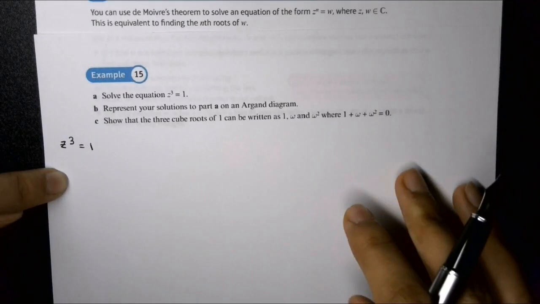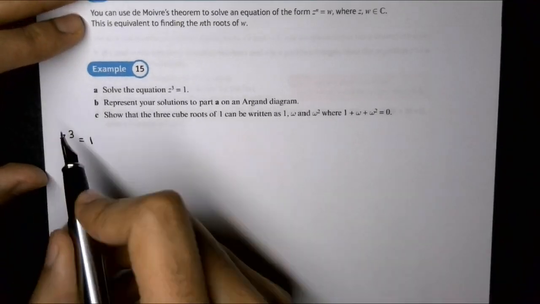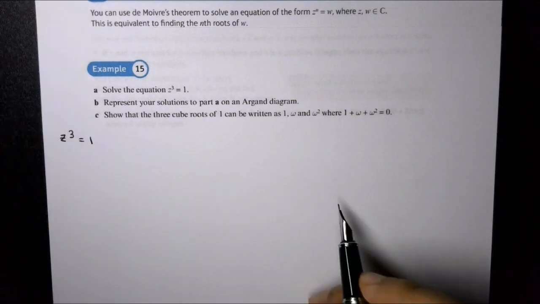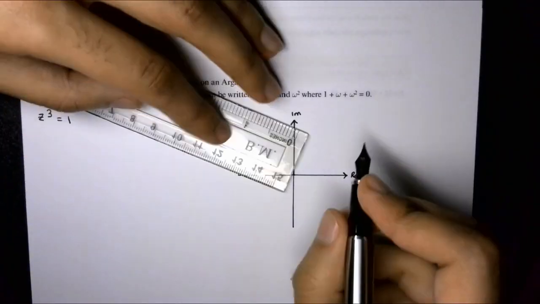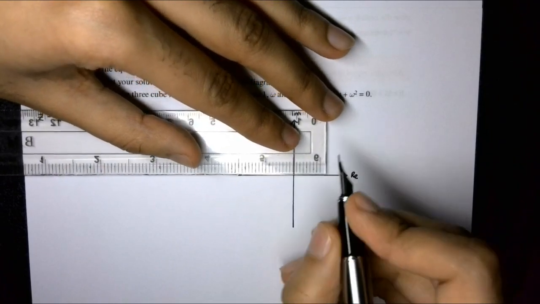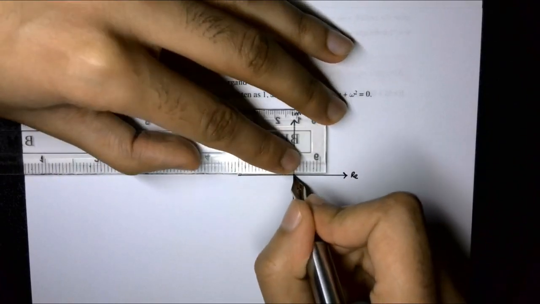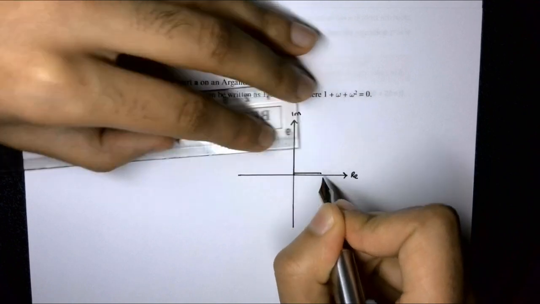Now, I think it will be a good idea, as we're working out this problem, to plot our solutions on an Argand diagram. We have here an Argand diagram, and if we show the 1 as a complex number, you can see that goes over here.